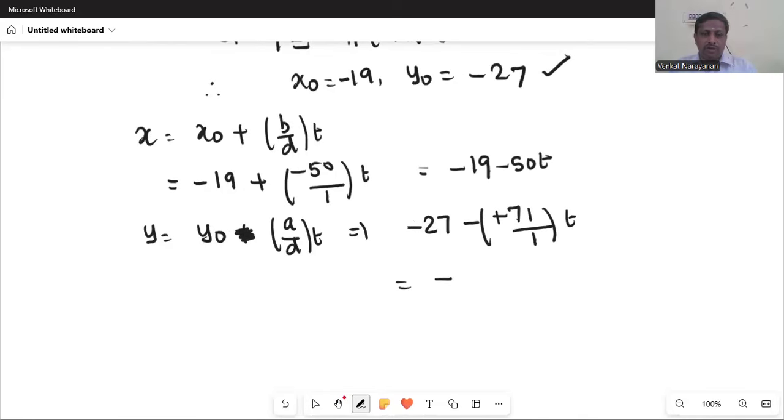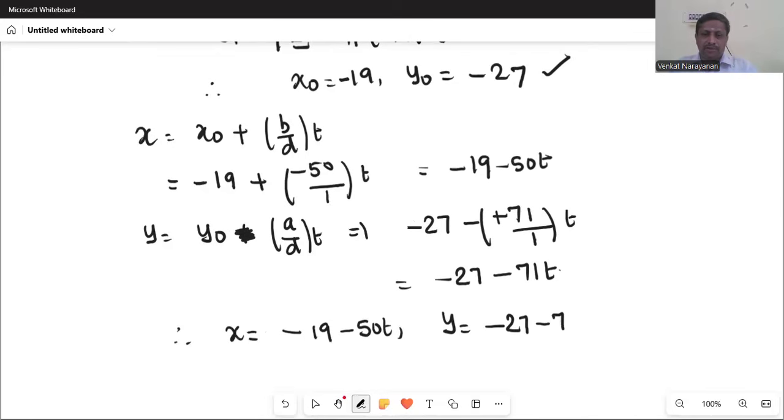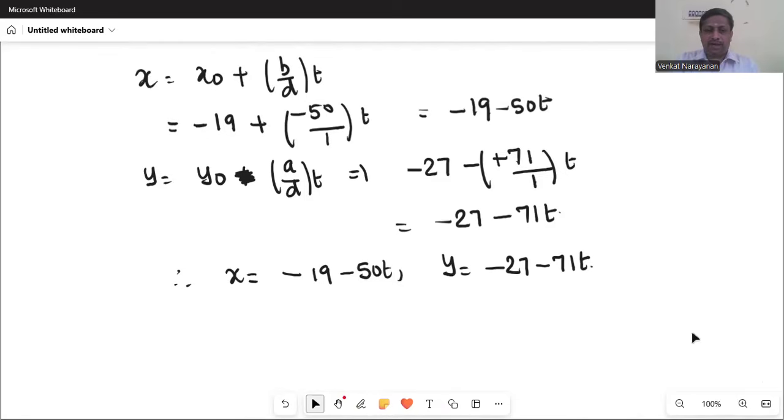So the answer is minus 27 minus 71t. Therefore, the solutions are x equals minus 19 minus 50t and y equals minus 27 minus 71t. Now we can see another problem in this category.